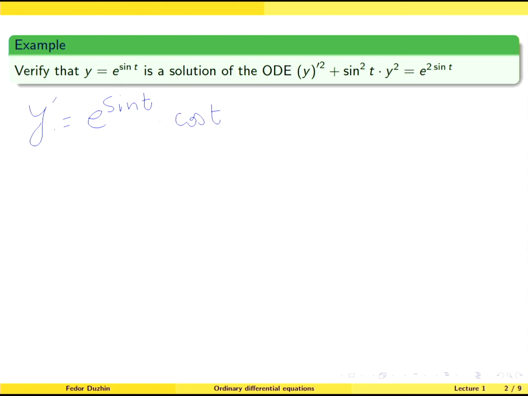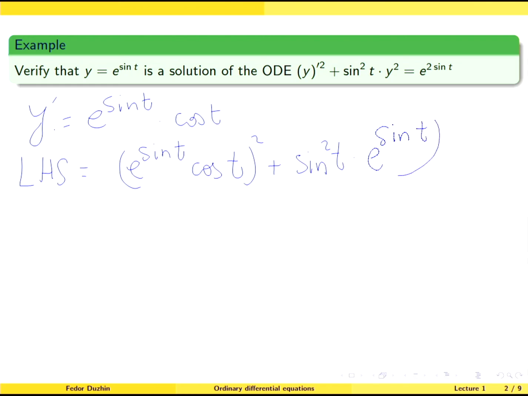Okay, so then the left hand side of our differential equation is y prime squared. So y prime squared is e to the sine t cos t, squared, plus sine squared t times y squared. Y is e to the sine t, so e to the sine t squared.